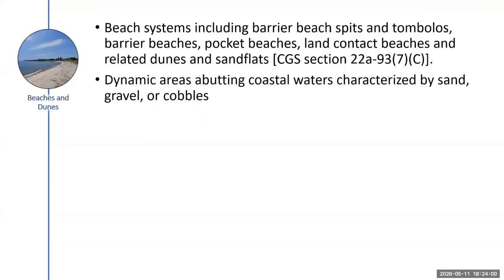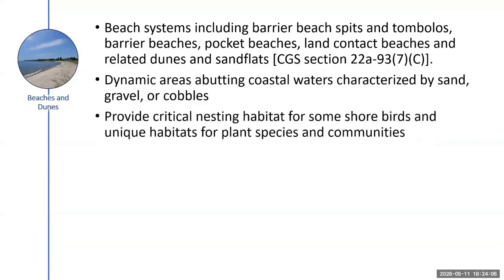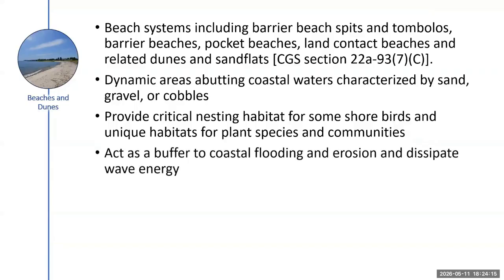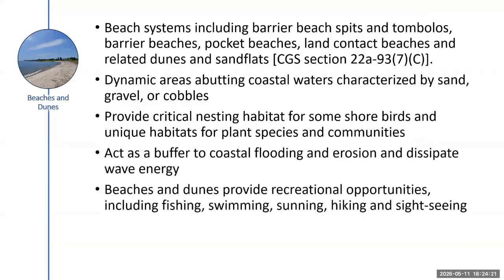And these are dynamic areas that abut coastal waters, characterized by sand, gravel, or cobbles. They provide nesting habitats for a variety of shorebirds and also habitats for various coastal plants and communities. They act as a buffer to flooding and erosion, and they dissipate wave energy. And they also provide recreational opportunities, including fishing, swimming, sunning, hiking, and sightseeing.